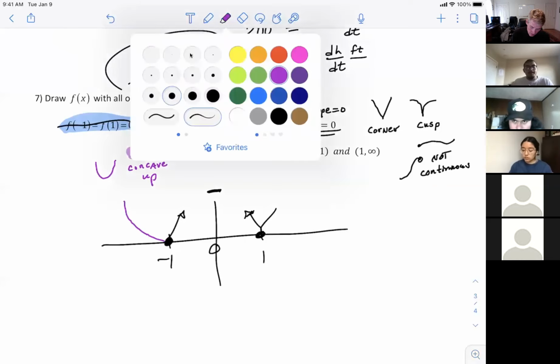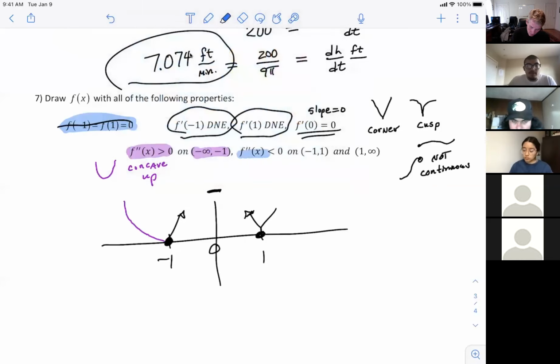And then this part, second derivative negative, that means that it's concave down. So it looks more like a frown. And then that's the middle part between -1 and +1. So then it's supposed to be concave down, more like this.